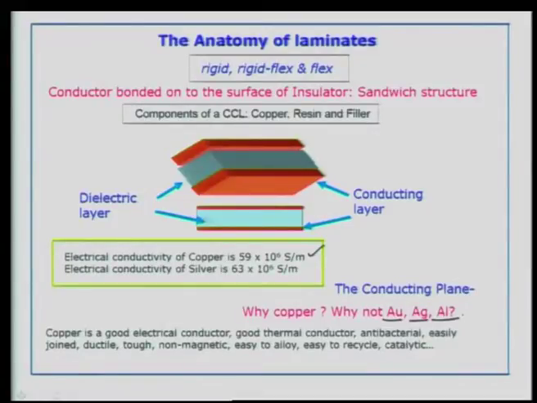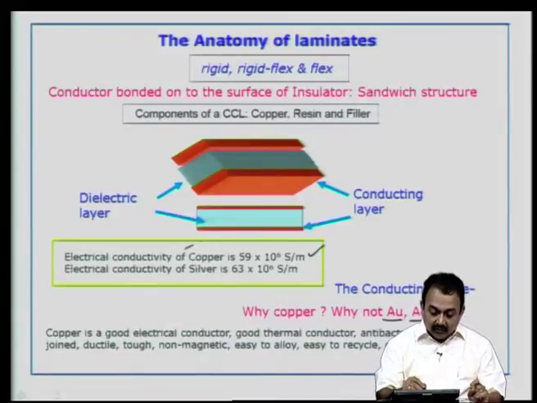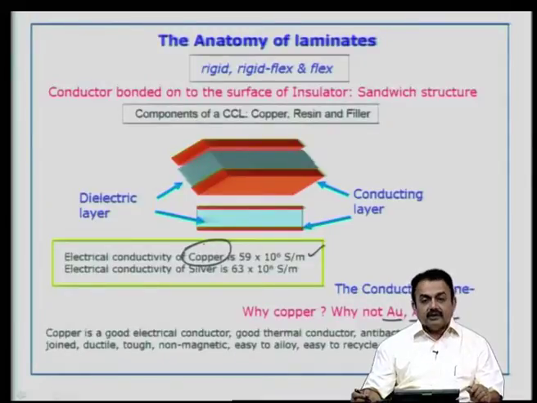You get very economically available etchants for copper, and the electroplating of copper is well known. So, if you look at various properties, we go in for copper and not other metals in the PCB industry, and much more, it is easily available. So, the availability of copper is much better, cost wise also it is on the plus side.